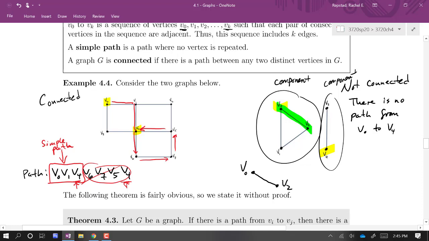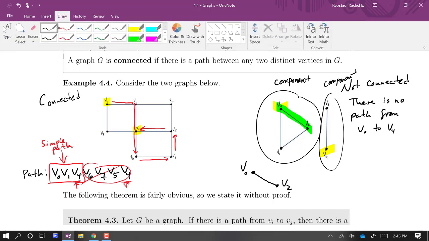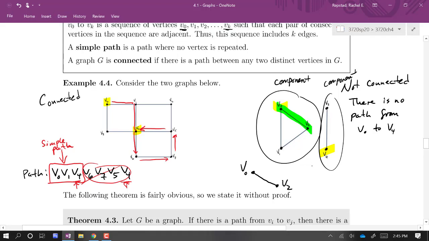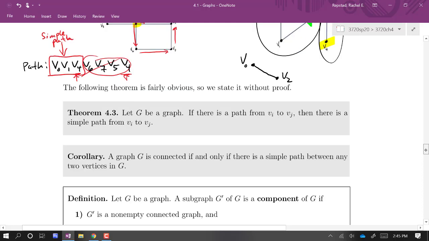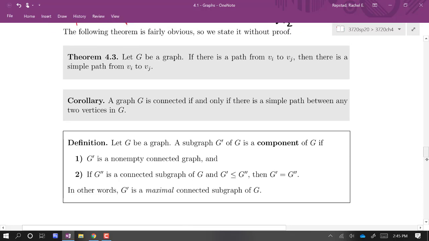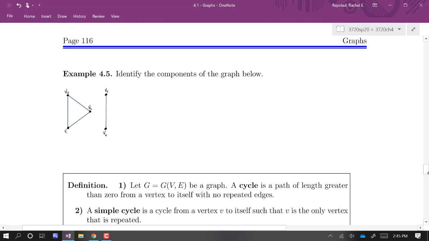So that's what makes that triangle part a component, and the part that's highlighted in green is not a component, even though it's connected and a subgraph. So these are the components of that graph.